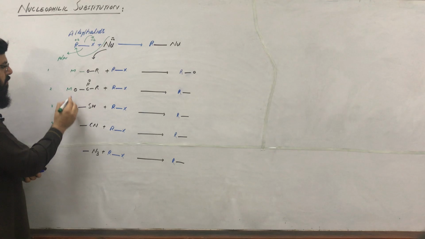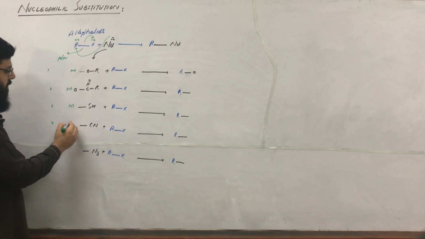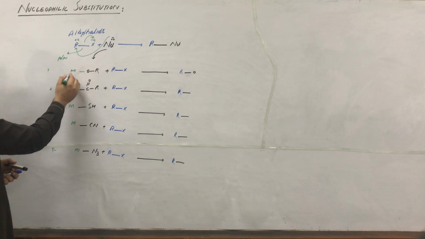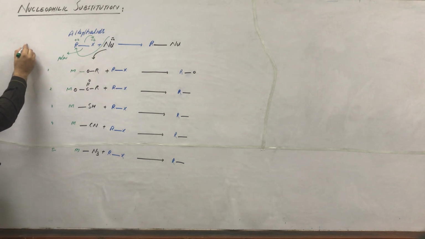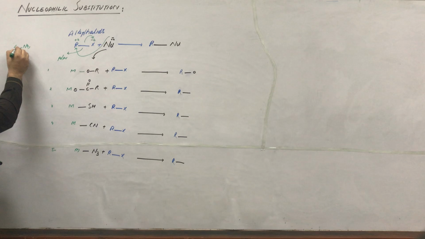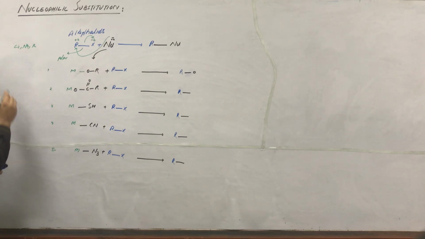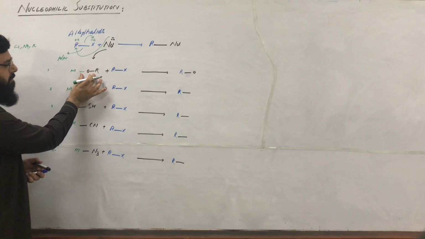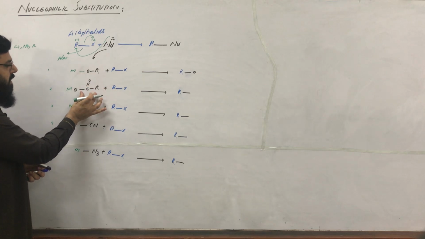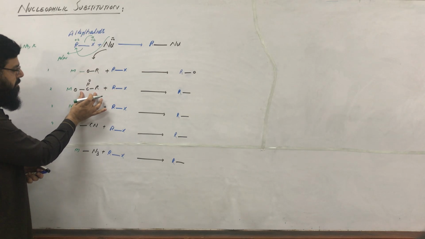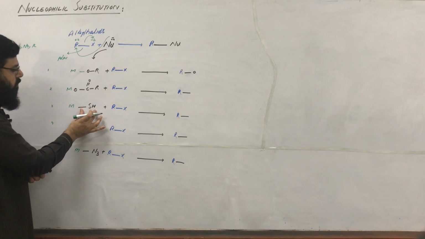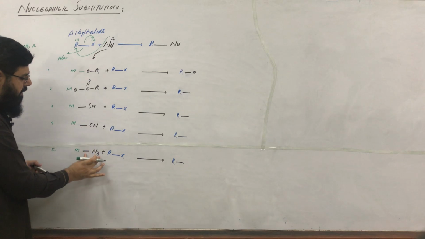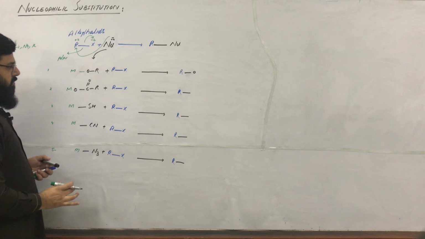Now I am going to write their salt form, and in most cases the metal here is lithium, sodium or potassium. So, this is a potassium, lithium or sodium alkoxide. This is sodium, potassium or lithium carboxylate, and this is sodium, potassium or lithium thiolate. Likewise, this is a cyanide and this is an azide.